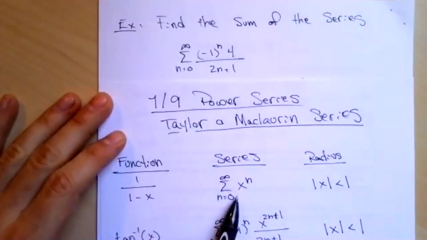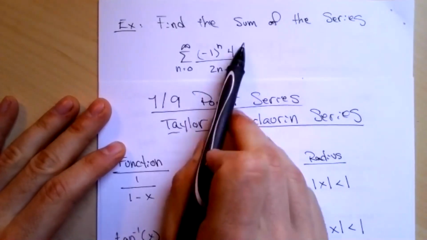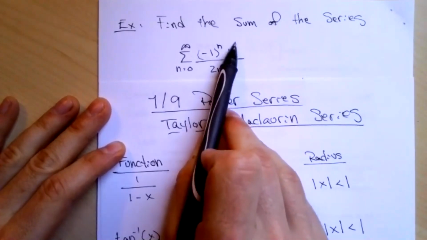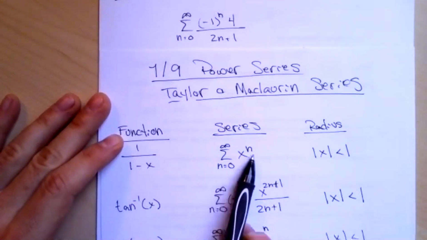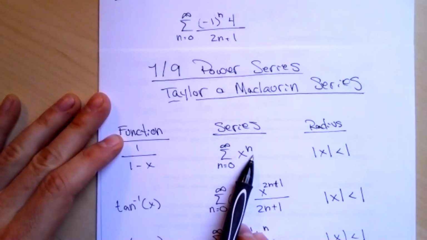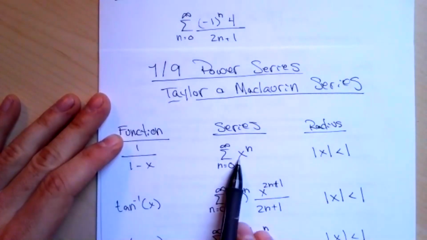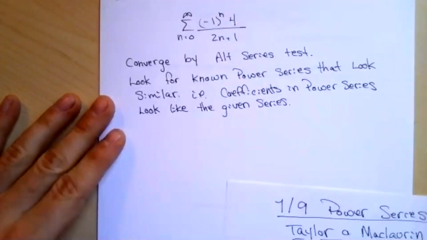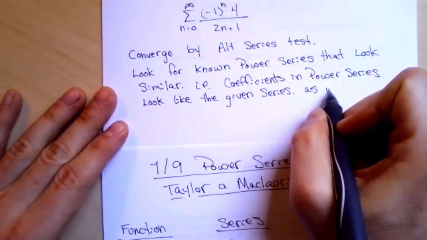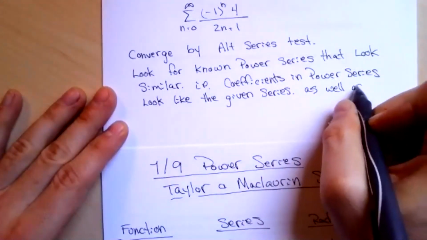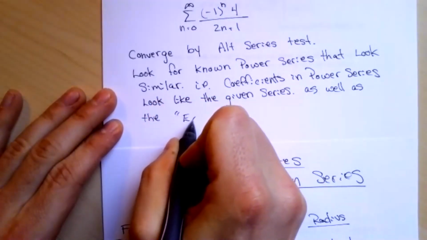And we've seen a lot of examples that we should be good at recognizing geometric series now. If it were something like 4 to the n or 1/2 to the n, we would certainly have something raised to the n. We want to look to match the coefficients as well as any exponential part. So I guess we should mention that as well. And I'll put that in quotes.